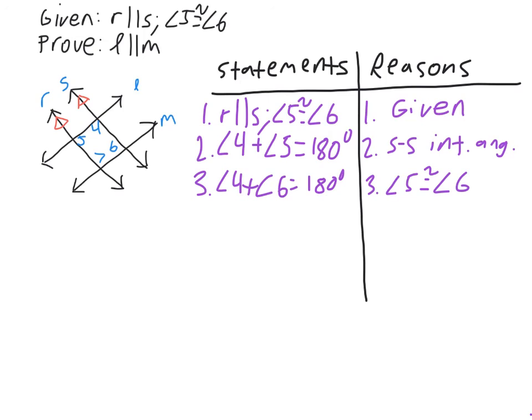So let's say our final statement. Our final statement is that they are parallel. So L is parallel to M, which is what we were looking for. That's our final statement. That's what we proved.